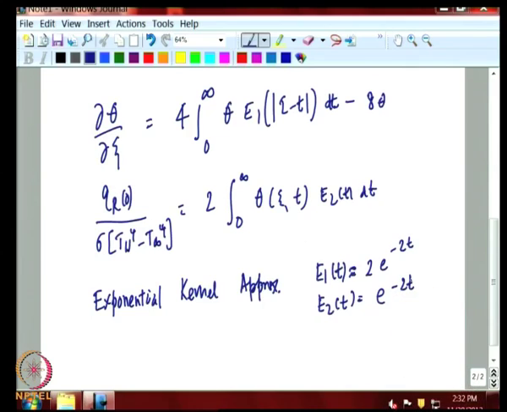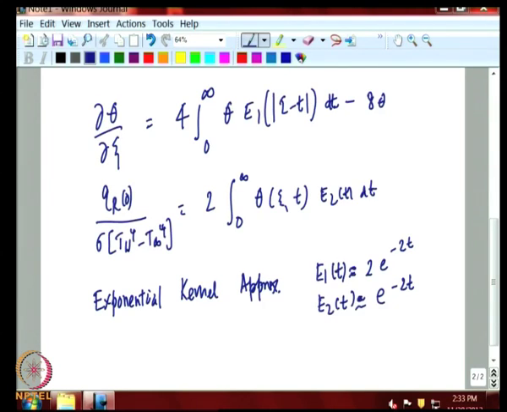Now, the way this approximation has been done, E2 of t is a good approximation at t equals 0 because it is 1, but E1 of t at t equals 0 should go to infinity, and we have taken only the value 2. This is still a good approximation, because this goes into the integral, and when you integrate E1 to give E2, you will find that it does not really affect the answer too much.